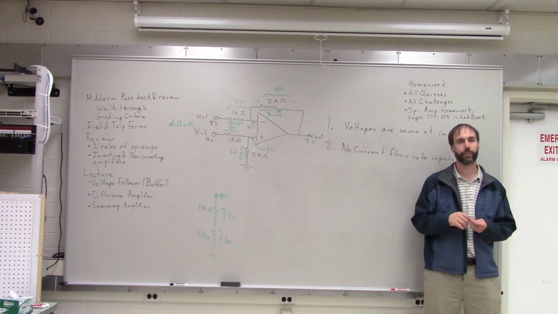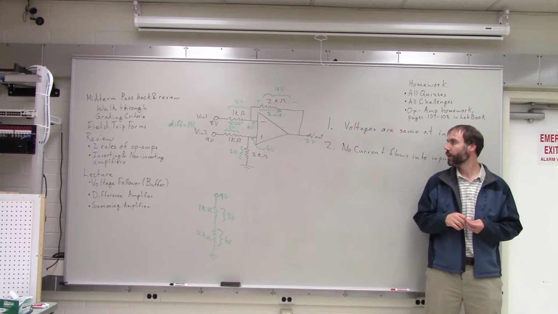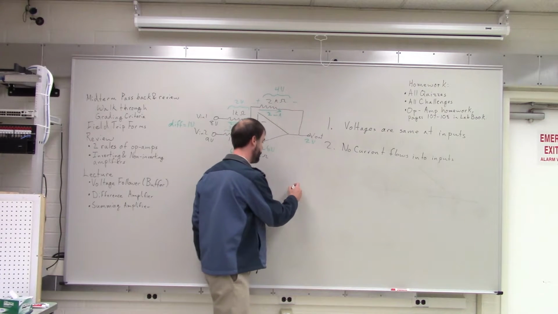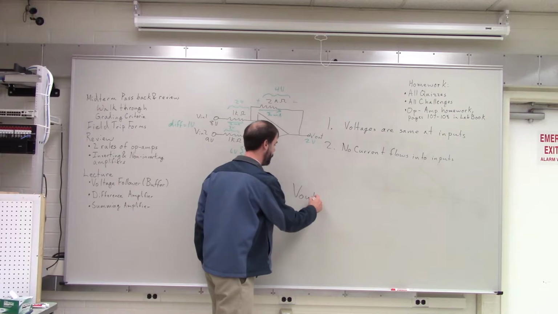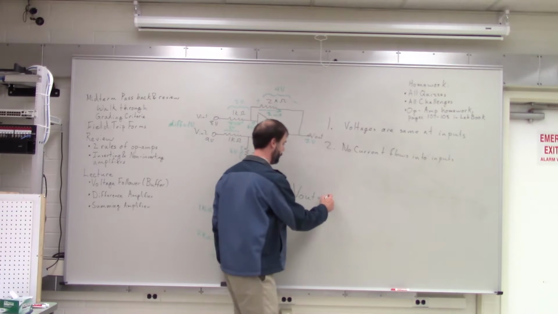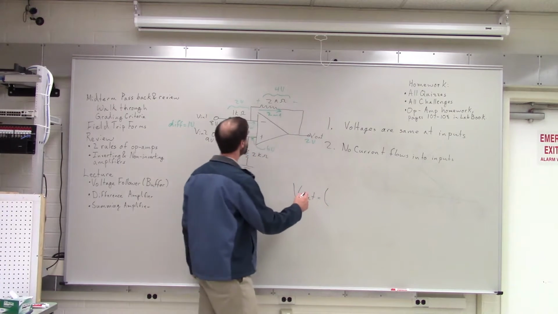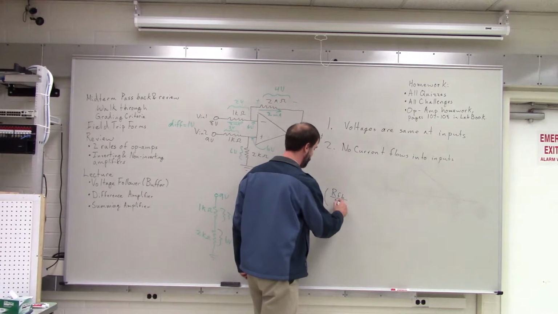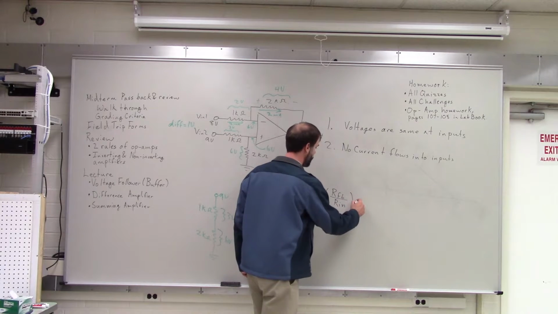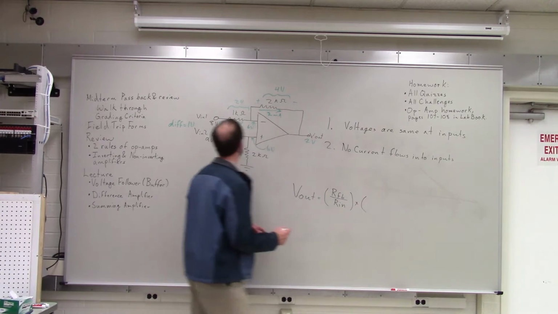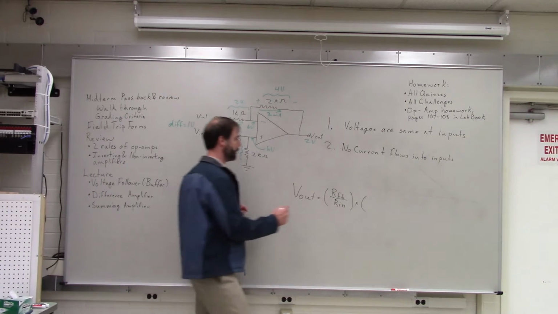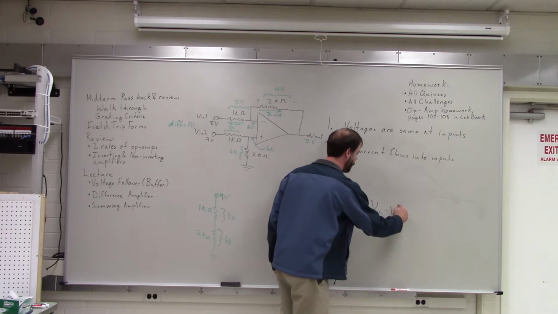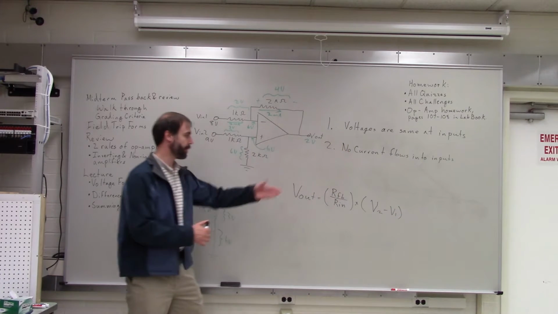Output voltage always will be positive, right? No. So what we say is V out equals R feedback over R in times (V2 minus V1). So it looks at the difference between these two signals.